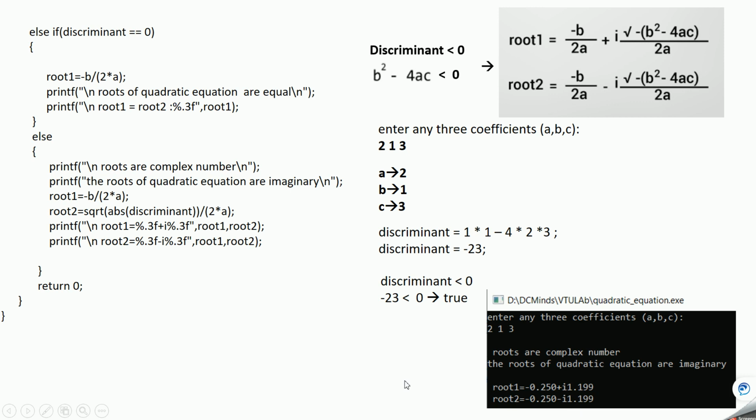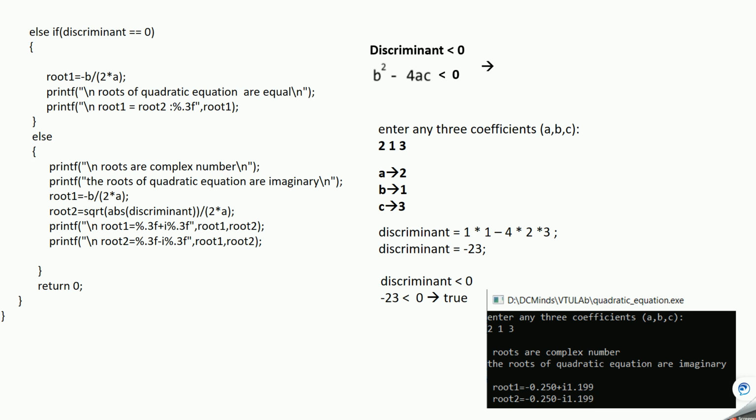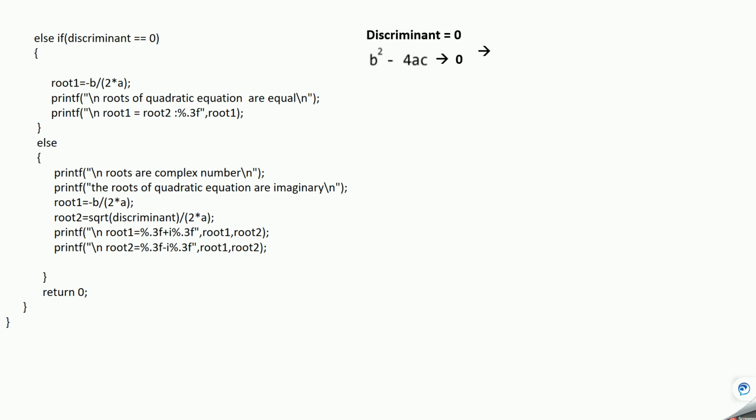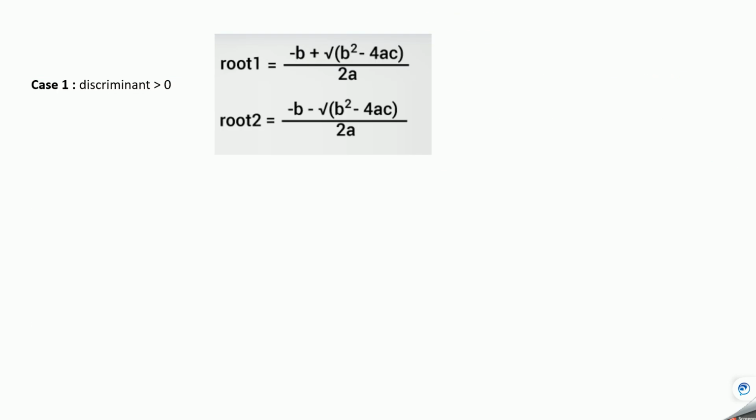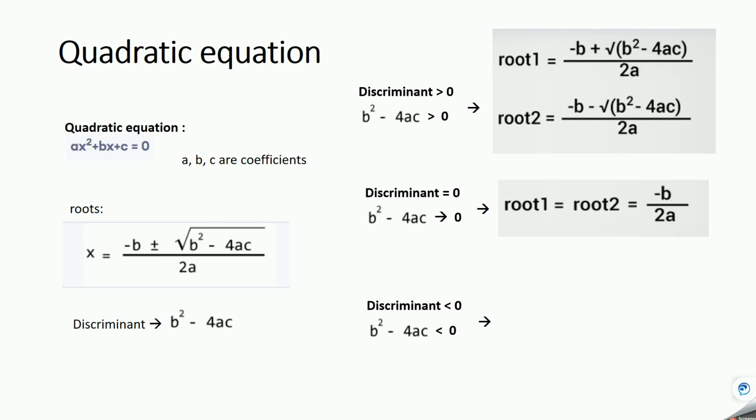So this is how a quadratic equation program can be written. You just have to think of the logic, means the simple formula that we discussed in the first slide.